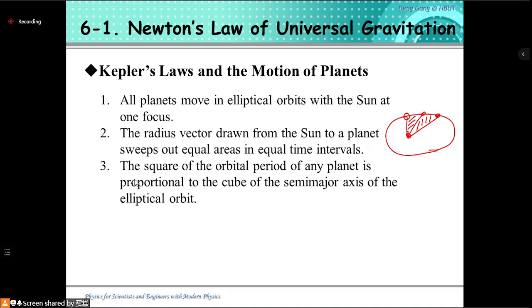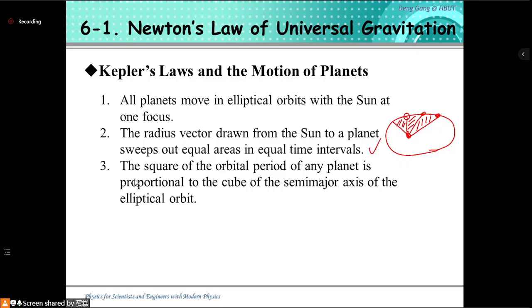This area should be equal to this area. And after another month, it's here, so this area should be equal to this and also equal to this. That's what the second law tells us.